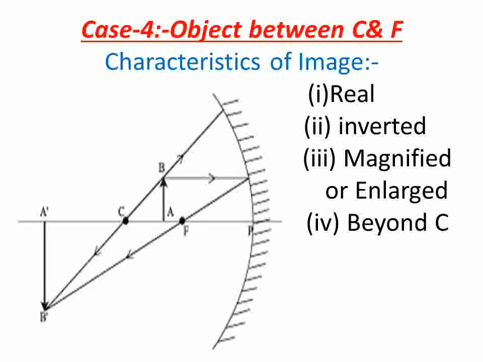Case 4: object between center of curvature C and focus F. Object AB is placed in front of a concave mirror. A parallel ray falls on the concave mirror. After reflection, it passes through the focus and arrives at point B dash.